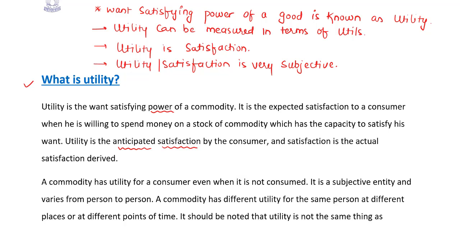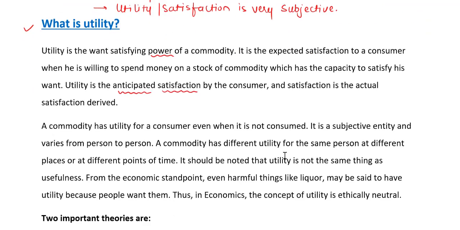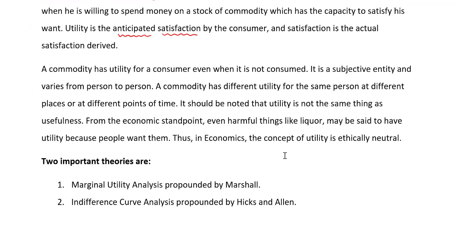That means that if some product is very expensive, it does not mean that product is having so much of utility. Even a small product which is not so expensive may have utility. A commodity has utility for a consumer even when it is not consumed.